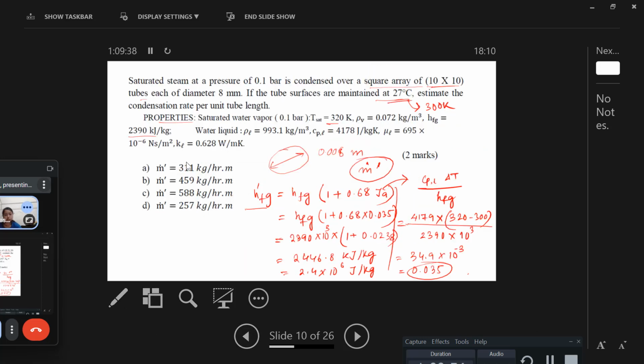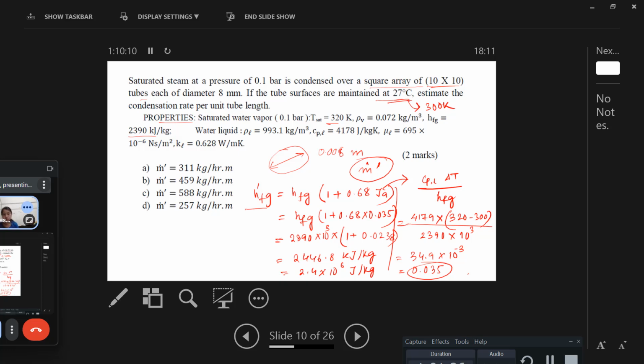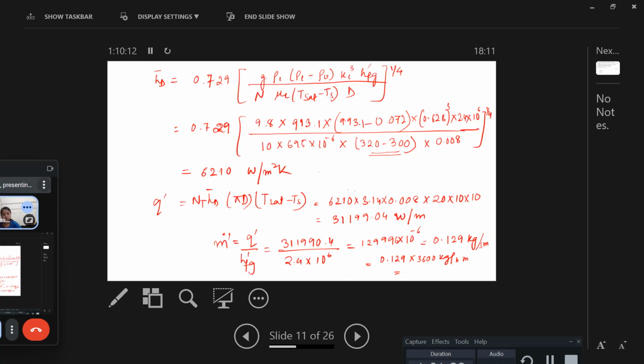But the options are given in terms of hours. So we convert this into hour. 0.129 into 3600 kg per hour meter. It's coming to around 464.